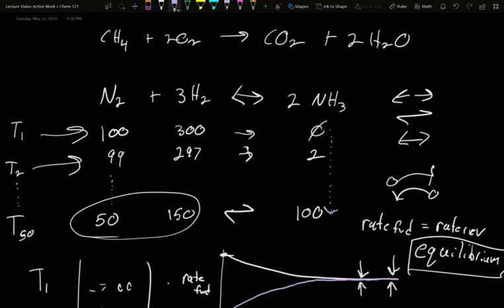When that occurs, you cannot change the amounts of your chemicals anymore. So in those first few seconds, we might have seen some nitrogen disappear and some ammonia show up. But once we reach our equilibrium time, no matter how much longer you watch it, those amounts will no longer change.